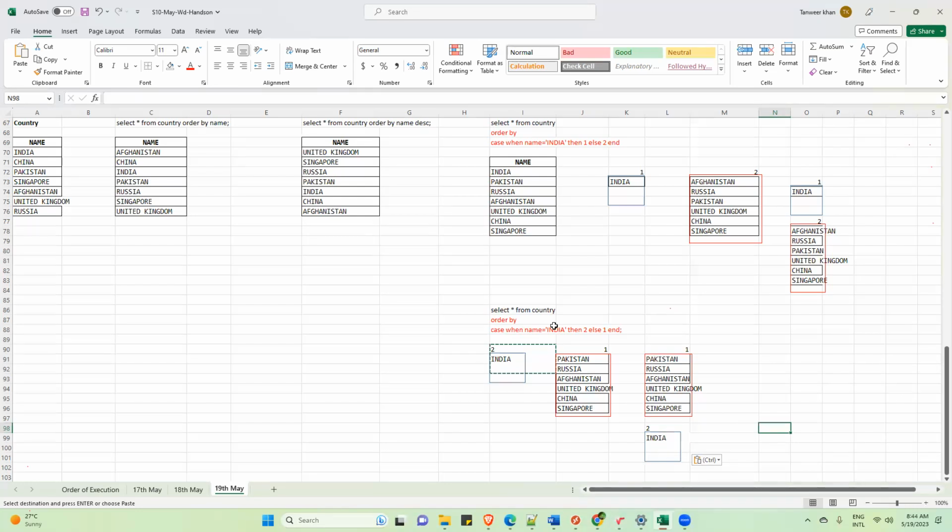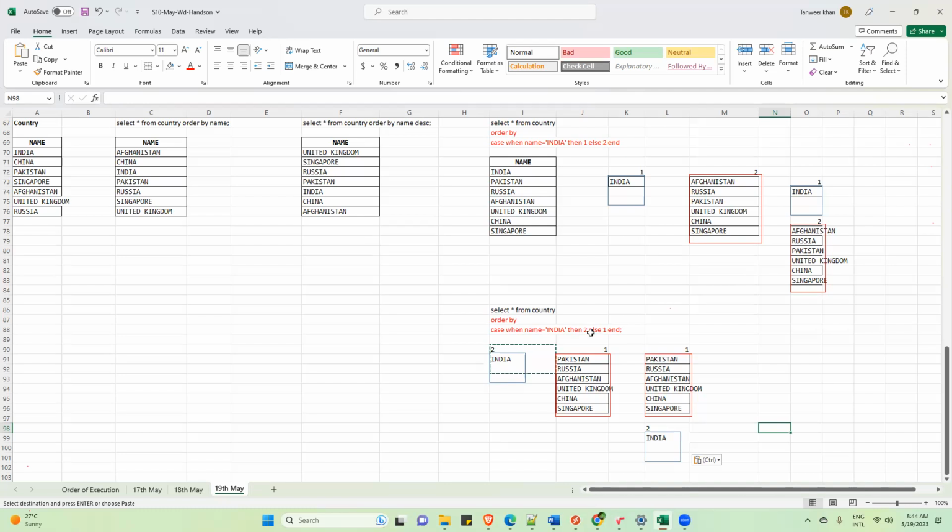Then I will show you the use of case in select, then use of case in cumulative sum, and use of case in joins. Many other scenarios are there. It is not mandatory to write 2 or 1. For this particular use case, you are giving this instruction. You can give any instruction to the engine, it will perform accordingly. Here you can do some calculation, plus, minus, multiplication, anything. It is your wish.